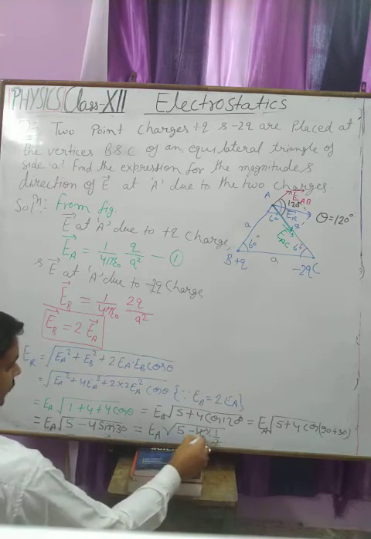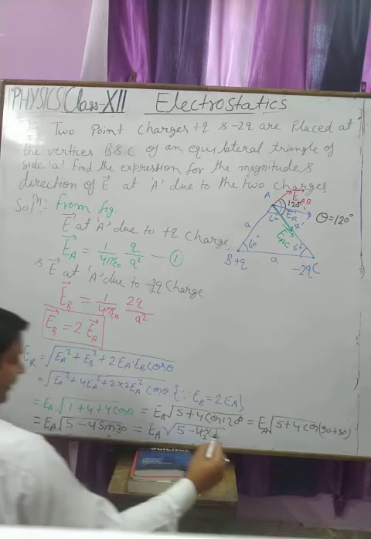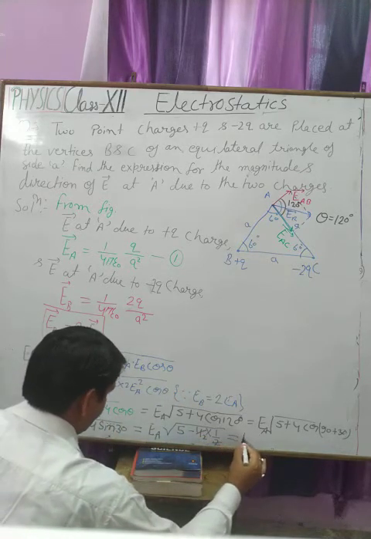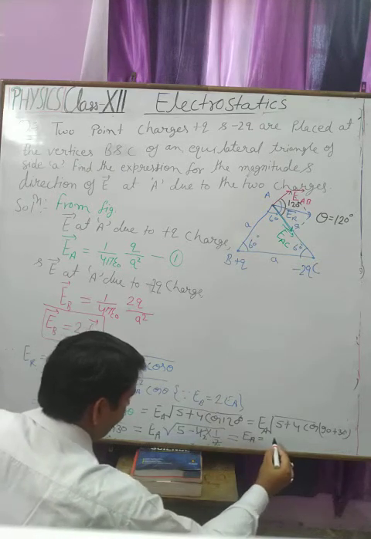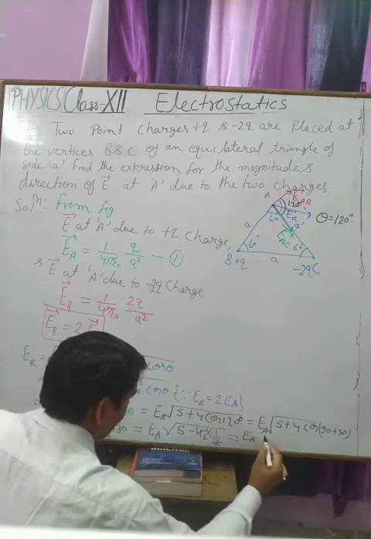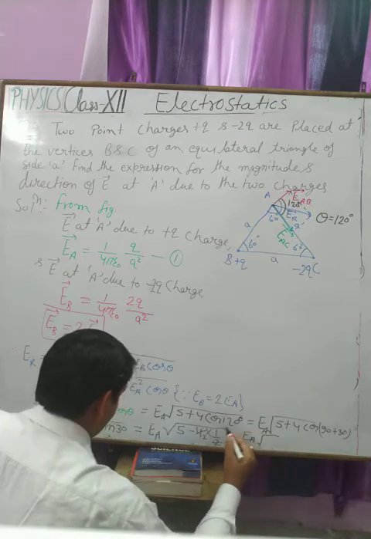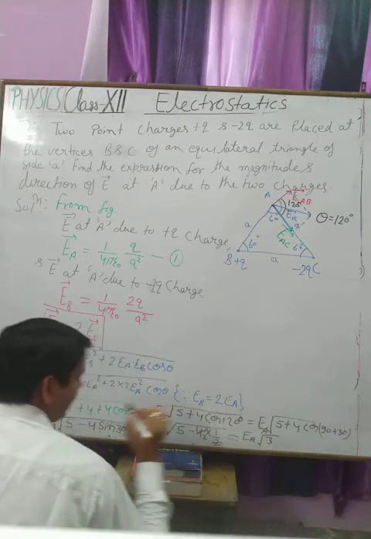This 1 by 2 cancels with 4, 2 times. So we are getting the result E is equal to EA under root 3.